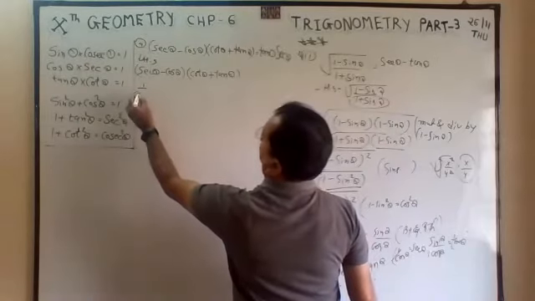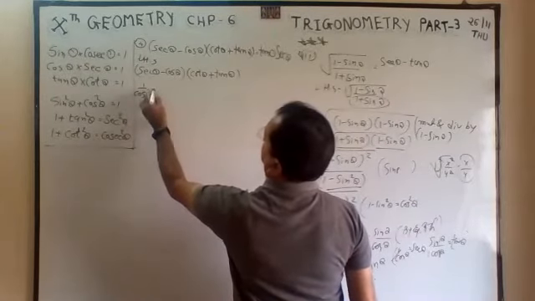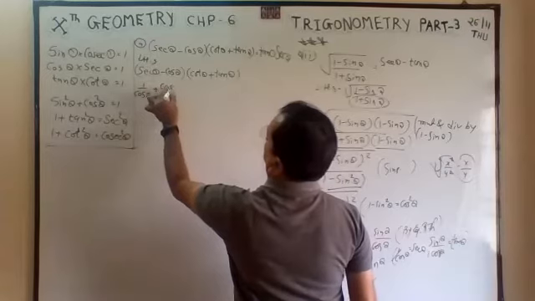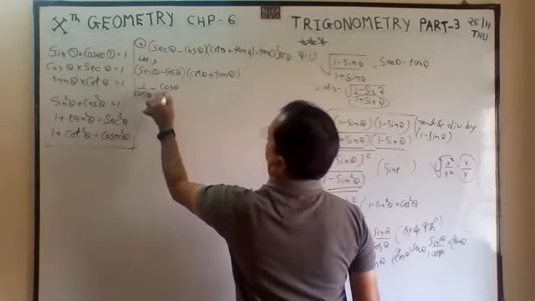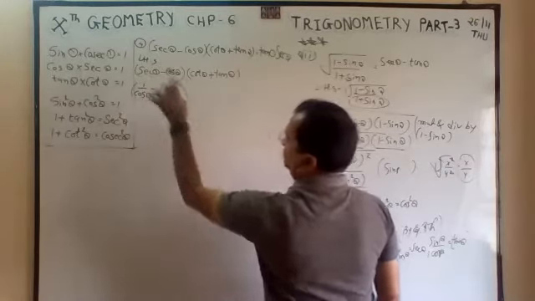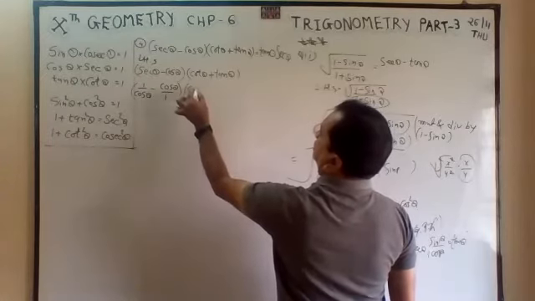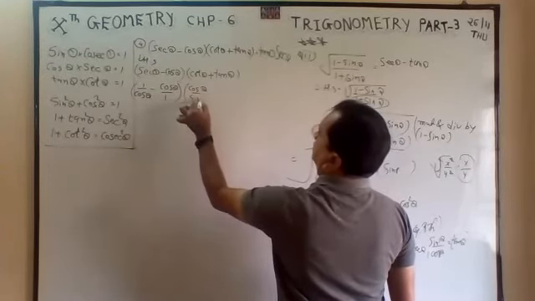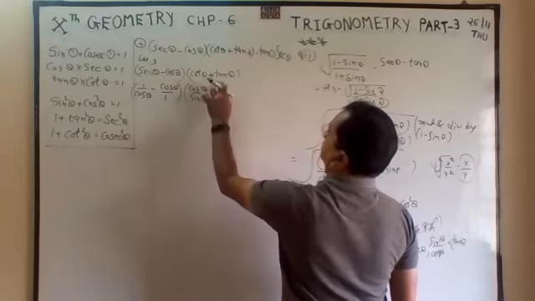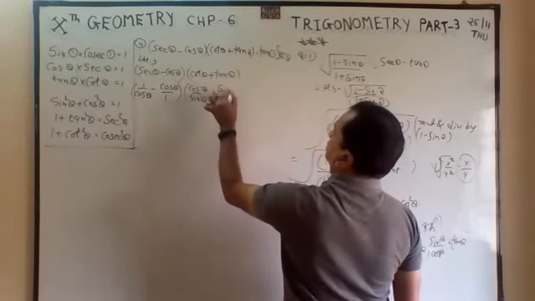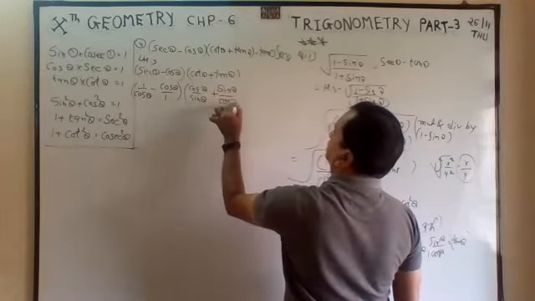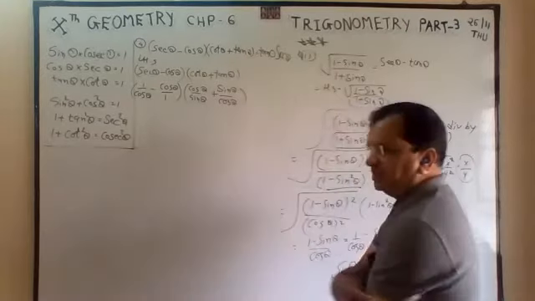Sec theta is equal to 1 by cos theta plus cos theta minus cos theta by 1. This is simplification. Cot means what? Cos theta by sin theta. And this is what? Sin theta by cos theta.